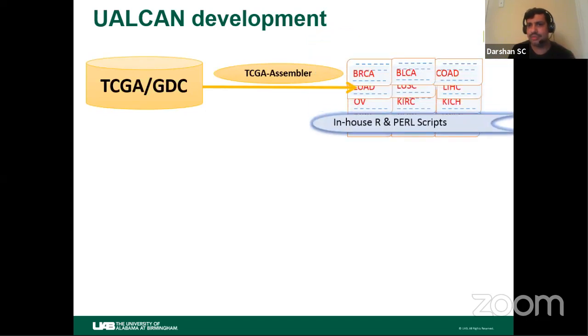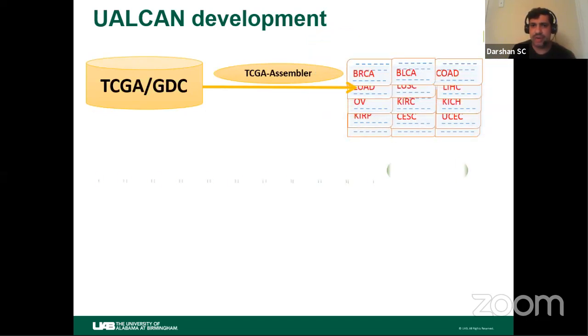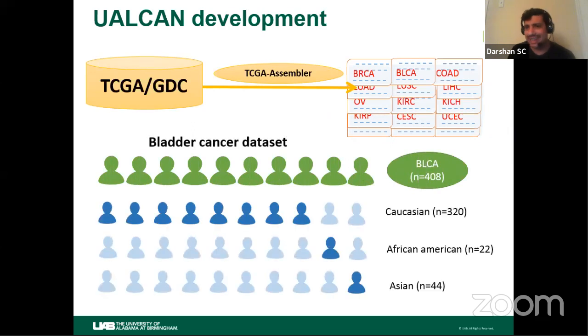Just for example, let me tell you how I did it with the bladder cancer data set. In the bladder cancer data set, they had gene expression information for about 408 patients. The initial task was to organize this data and categorize it based on different clinical and demographic features.